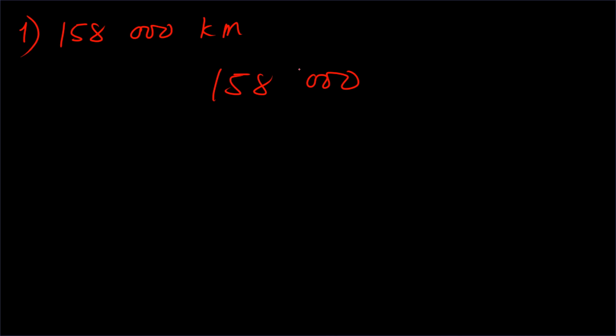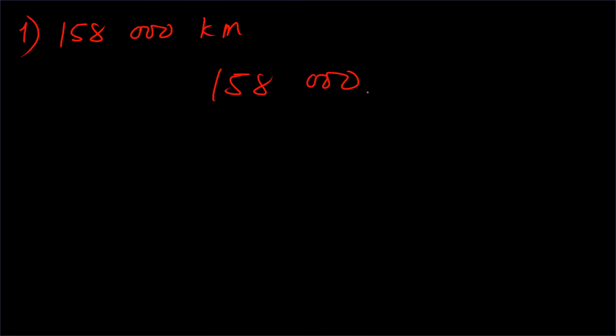So, let us convert this value into its scientific notation. We have here 158,000 kilometers. To convert this into its equivalent scientific notation, we need to move the decimal to the left side of this number, kasi 158,000 is greater than 1.